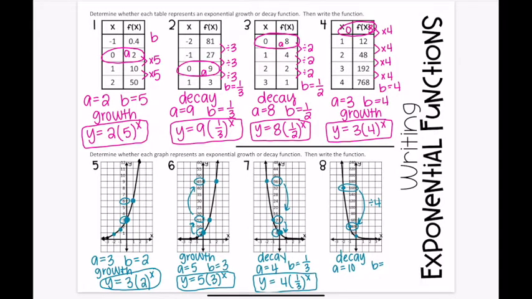And then from 40 down to 10 is also dividing by 4. But division by 4 is the same as multiplying by 1/4. So our b value is 1/4. Now our equation is going to be y equals a times b raised to x. So a is 10 times b is 1/4 raised to the power x.